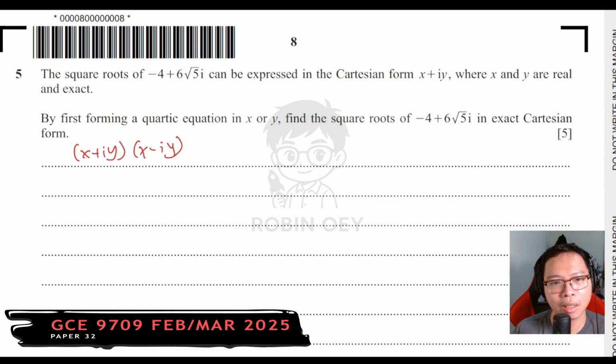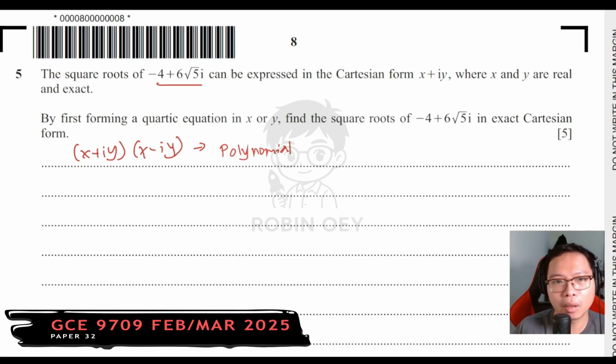This is normally for polynomial that has complex roots. For a polynomial with complex roots, we use x plus iy and x minus iy, which is the conjugate. But if this is not a polynomial, this is just a normal complex expression.